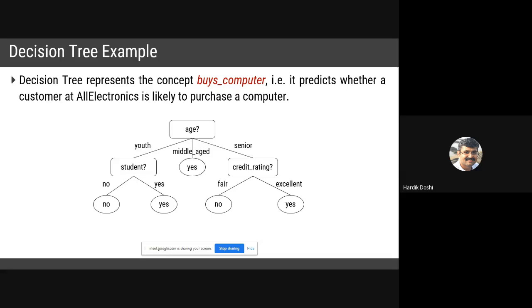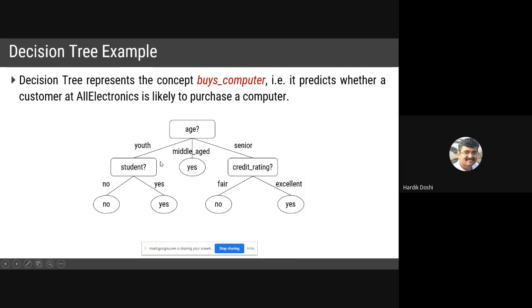If some condition is satisfied, then this is going to happen. That means, if age is middle-aged, then person buys a computer. In the same way, what we want to do is define certain rules.